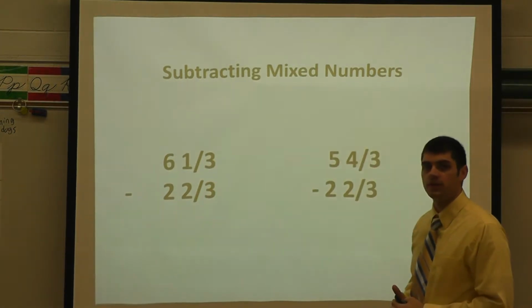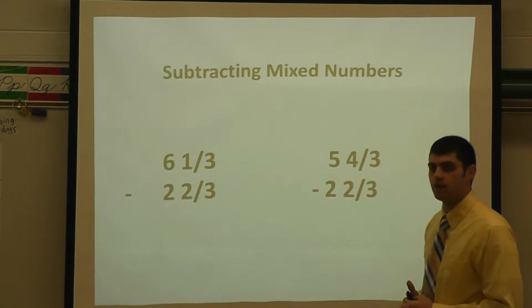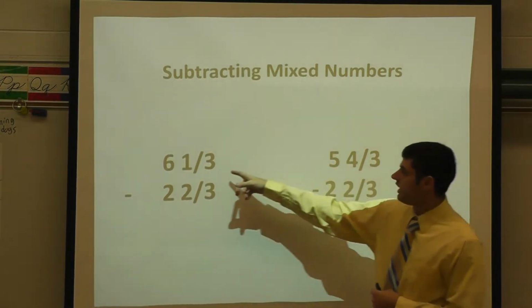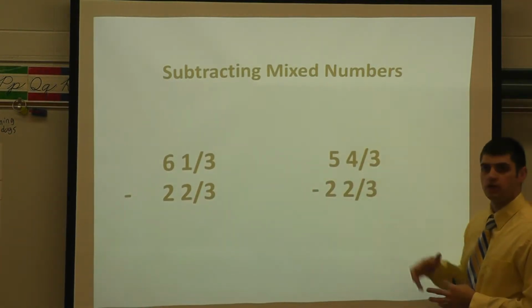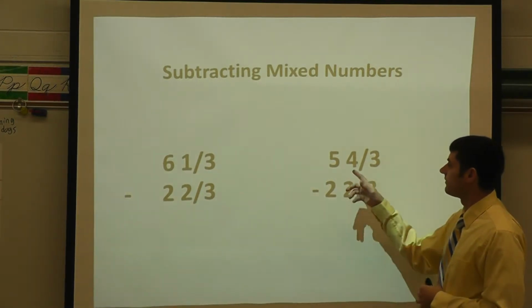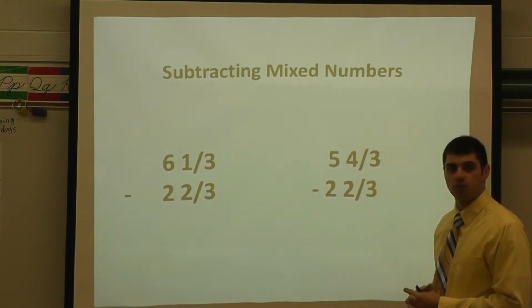I'm going to rename him. Again, I'm working with thirds, so if I took the 6 and crossed it out, I can make it 5 3/3. However, I still have that 1/3 there, right? So I'm going to add that 1/3 here to become 4/3. Again, cross that 6 out, made it 5 3/3. I still have that 1/3, it becomes 5 4/3.